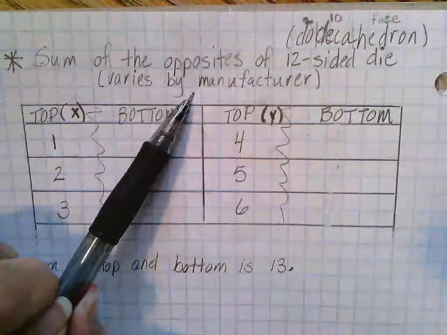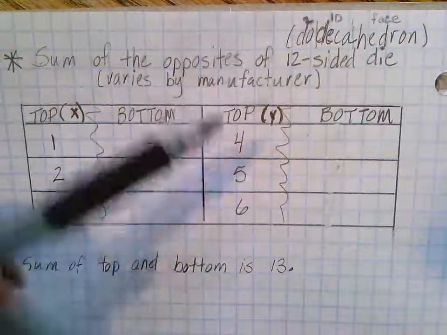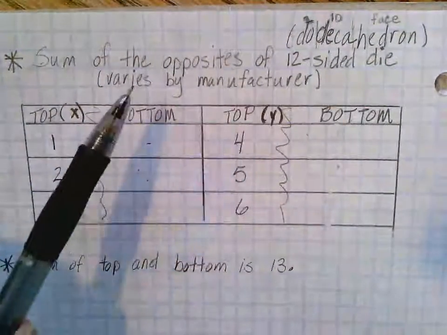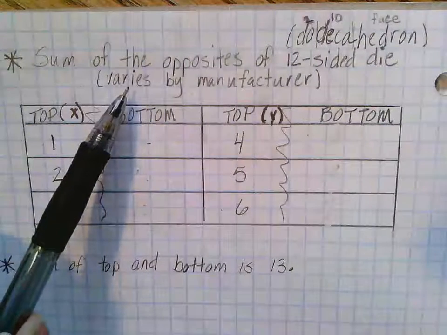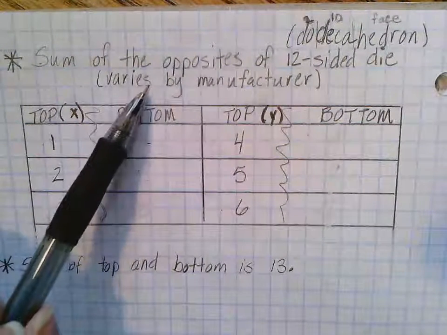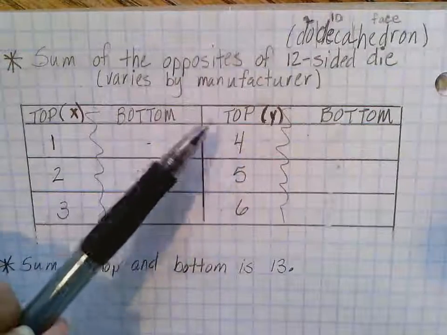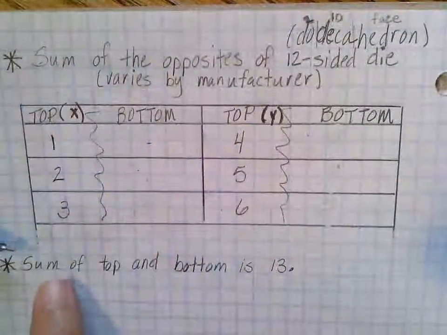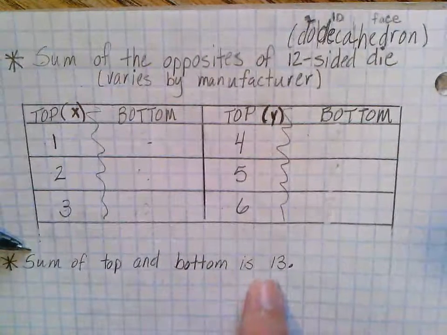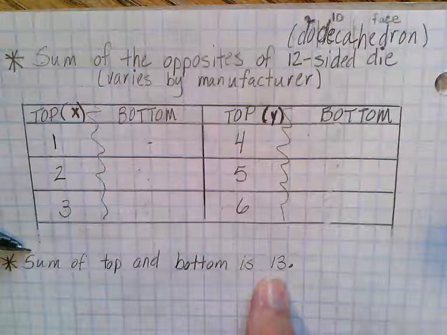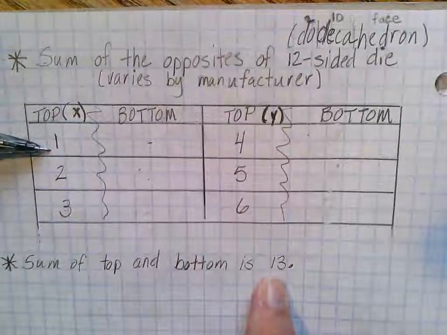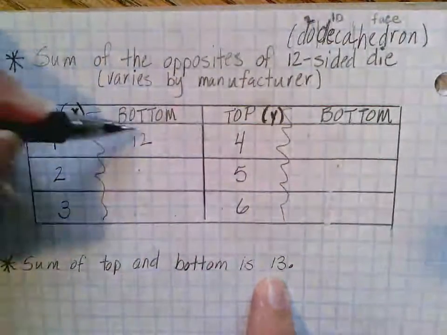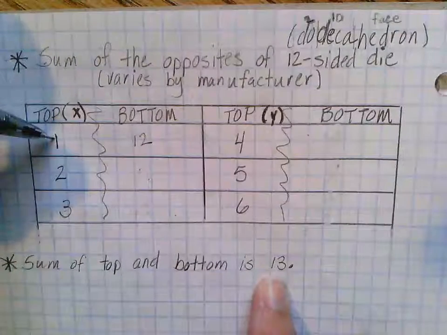Now, some dodecahedrons will not have this same structure because the numbers that they choose to put on the opposite sides may not be what this is going to be, but we are going to have the sum of the top and bottom be 13. So if the top number was 1, the bottom number would be 12, because 12 plus 1 is 13.